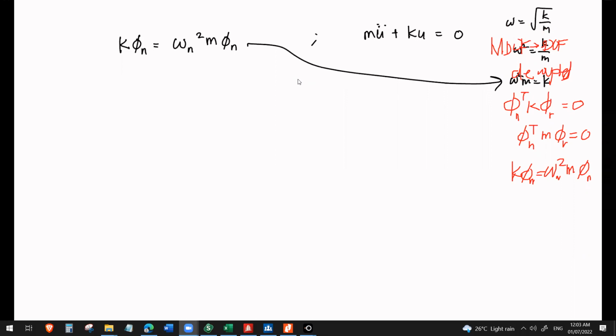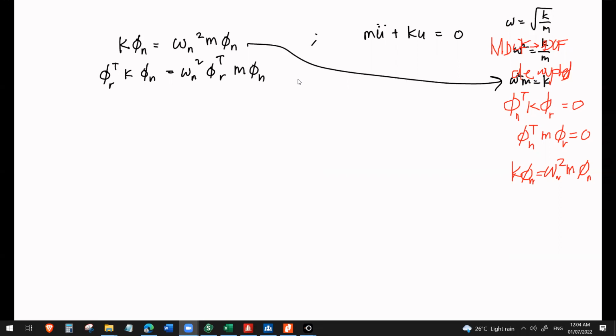Then multiply both sides by phi r transpose. So phi r transpose k phi n is equal to omega n square phi r transpose m phi n.